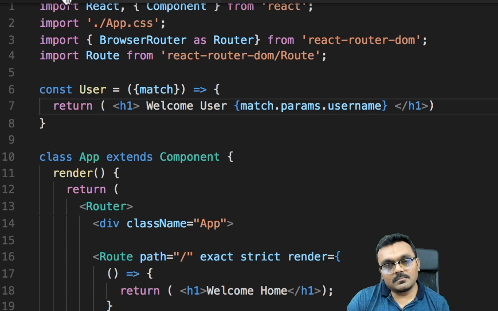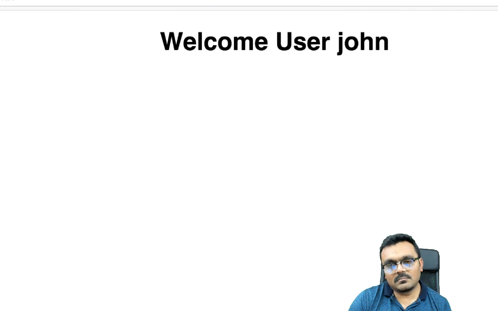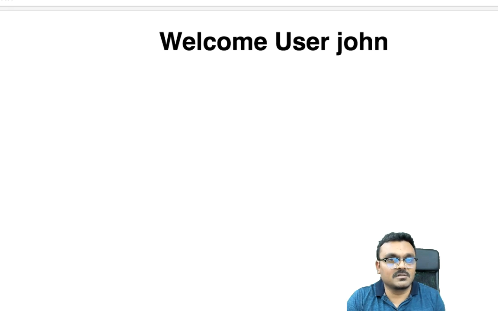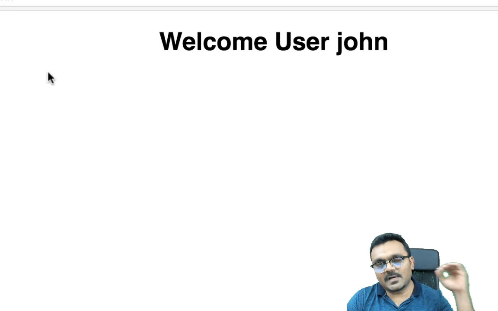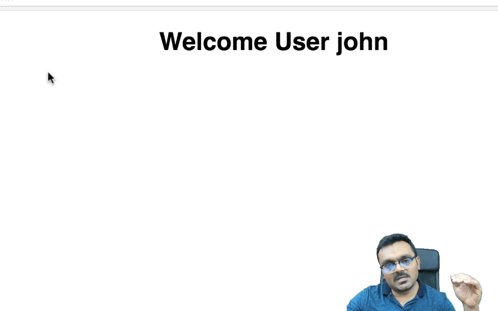All right, so right now I have to type it here, which is fine. I can still do it. But in a practical example, I would need to have some sort of link. So if I click on a link, it should load that page that is associated with that path, right?